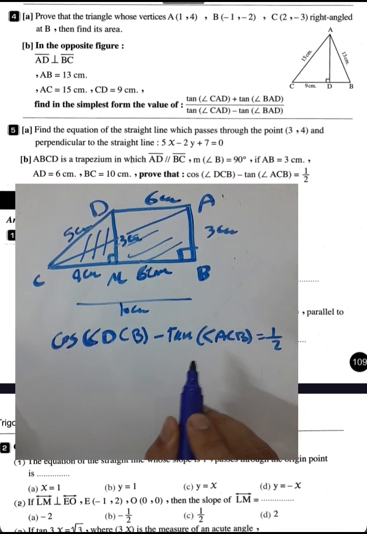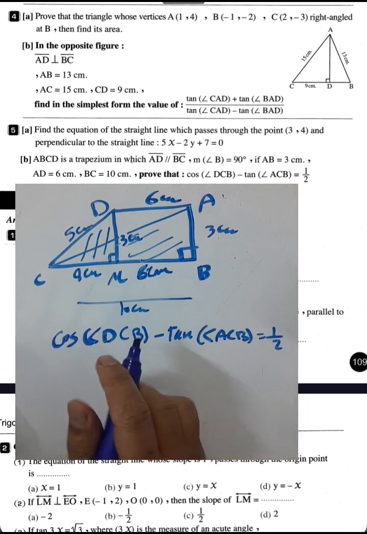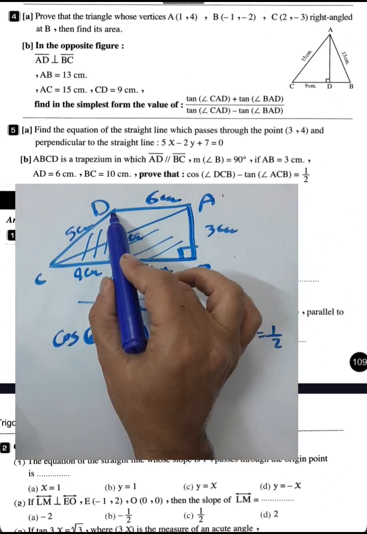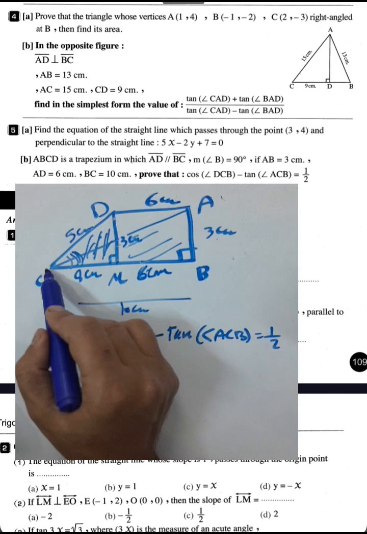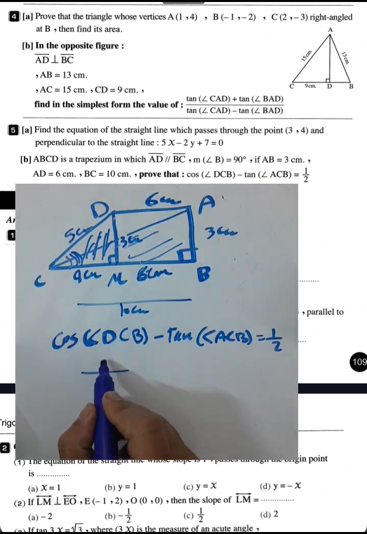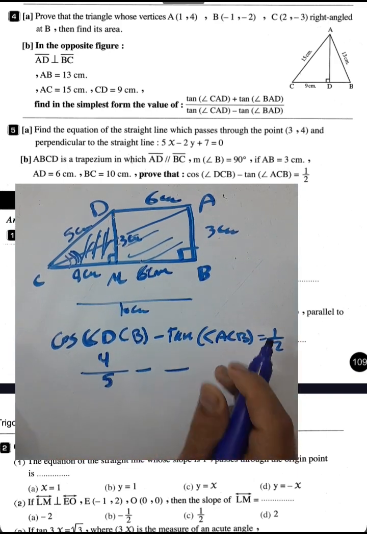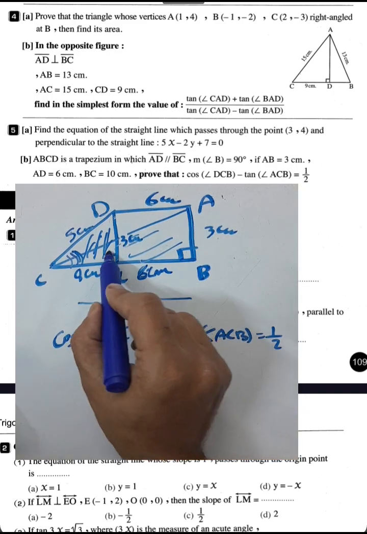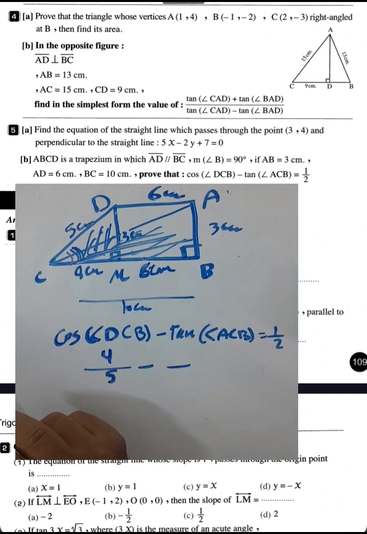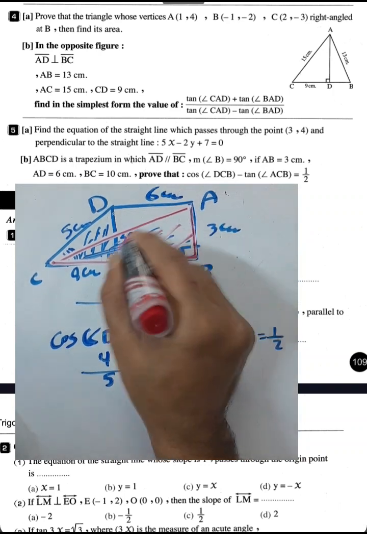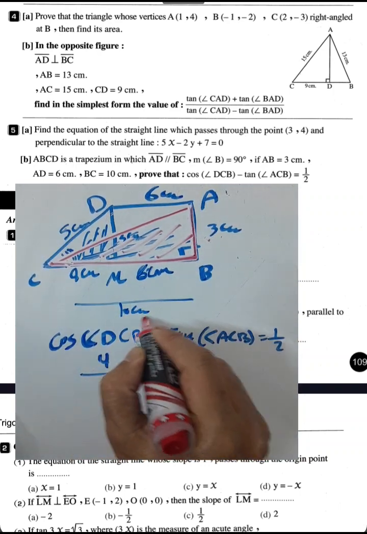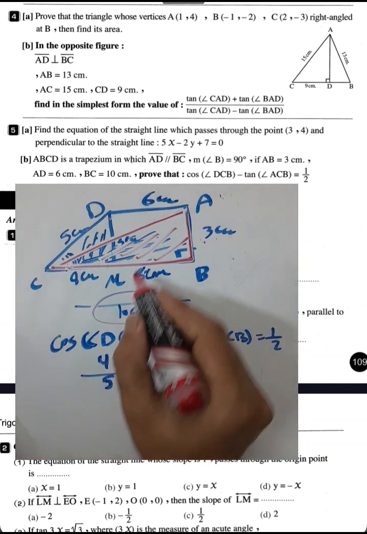Okay, we can prove that by finding cosine of this angle DCB. Okay, this angle in right angle triangle DMC, we can write adjacent over hypotenuse, 4 over 5, subtract tan angle ACB here from this right triangle ACB. Next triangle here, ACB. Okay, in this triangle, this angle, opposite over what here, 3 and 10.